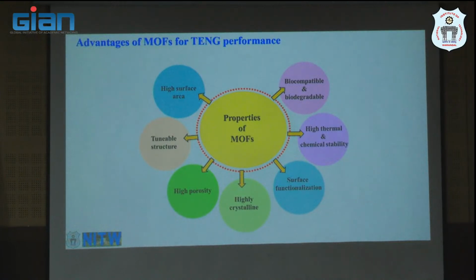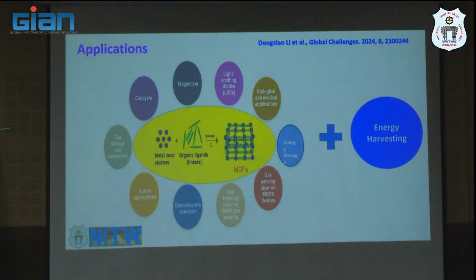If you want to improve the negative property, you can attach an electron accepting group like fluorine or chlorine. If you want to donate electrons, you can use NO2, NH3, like that. Previously MOFs were used only for catalysis, magnetism and other things, but we have used them for energy harvesting, a new field.